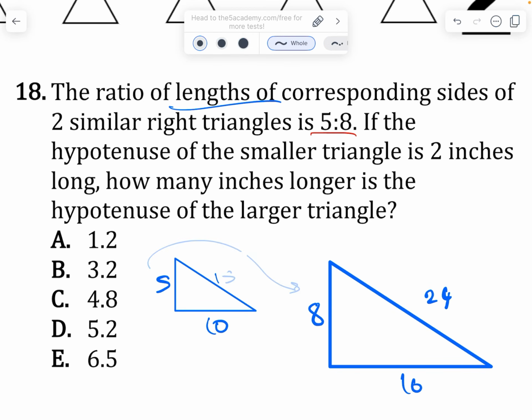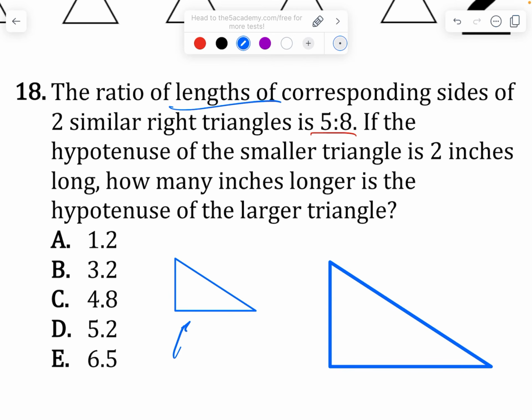Just an example. So now what does that mean, right? So whatever side length is here, if you know a side length on the left one, you just multiply that by this ratio, and you're going to get that slightly larger side length on the other larger triangle.